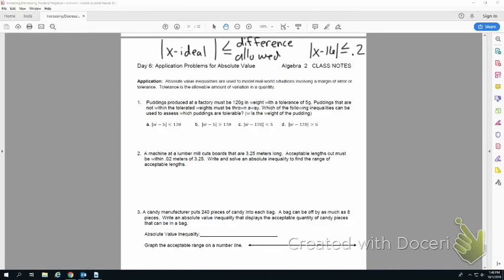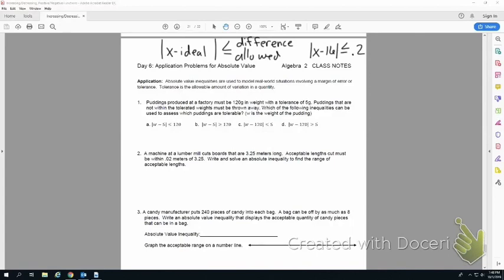What's the lightest box they're going to make? 15.8. So the range of weights that they're going to allow to go to the grocery stores is anywhere between 15.8 and 16.2. So don't get so caught up in the math on this that you can't take a step back and solve it just by using common sense.